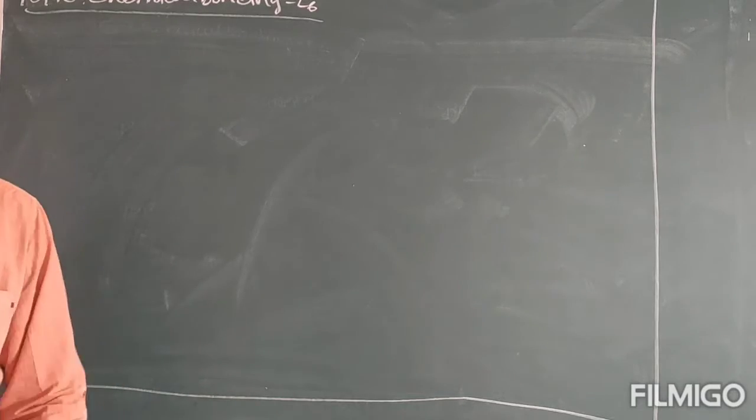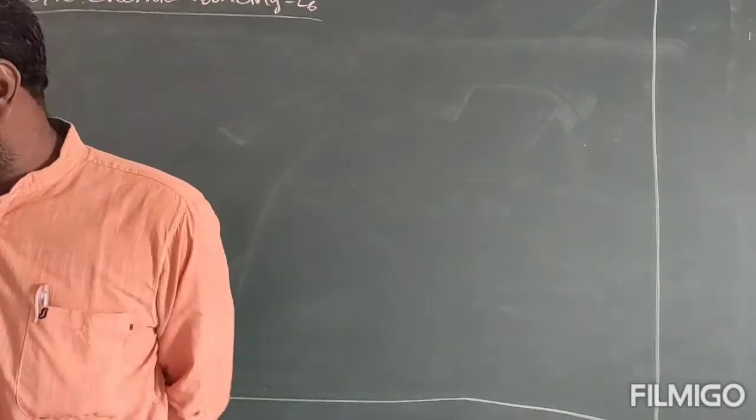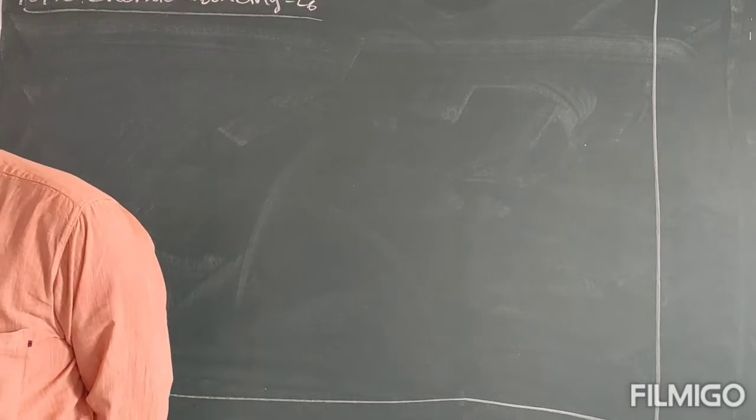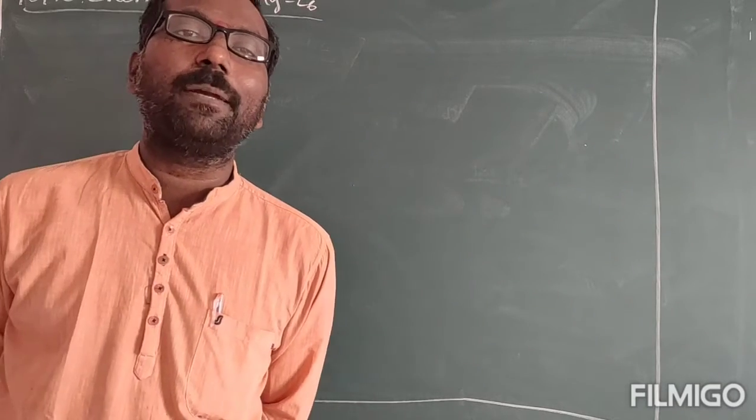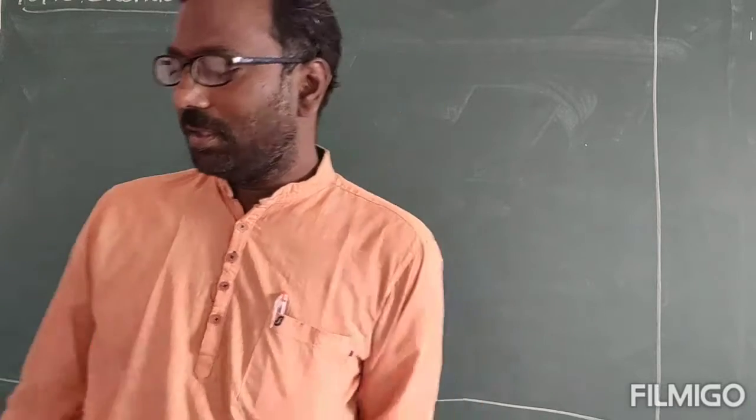Generally, overlapping occurs between half-filled orbitals. Overlapping occurs only with the half-filled valency electrons.